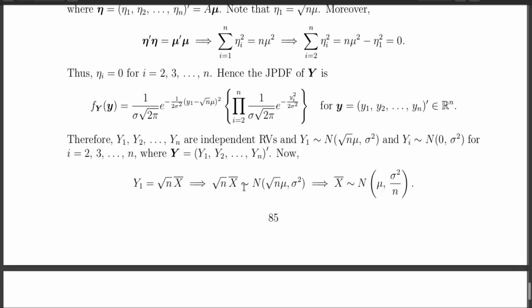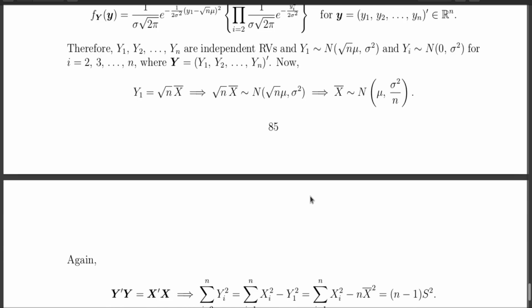So root n times x bar follows this distribution, and this implies that x bar follows the normal distribution with mean mu and variance sigma square by n. Clear? So one of them we have already shown: x bar follows a normal distribution with mean mu and variance sigma square by n.